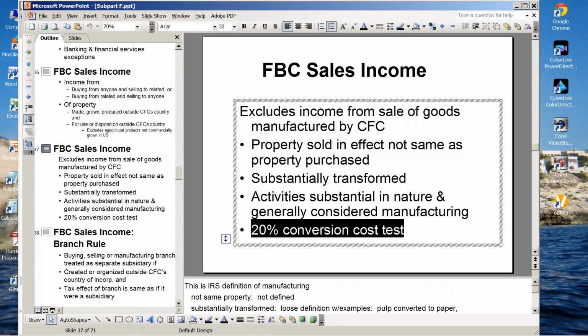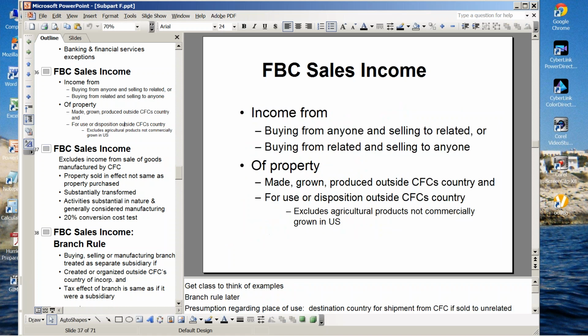And I looked at how we could get out of that being Subpart F income. And you'd say, well, why would a drilling rig be Subpart F income? Well, again, it's property acquired from a related party and sold to a related party, and it's from and to someplace other than the CFC's country.